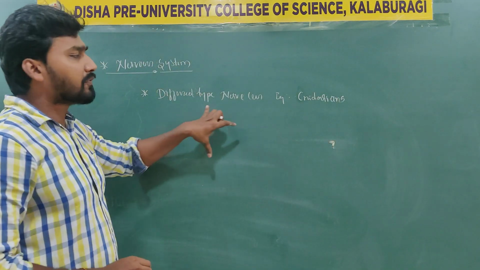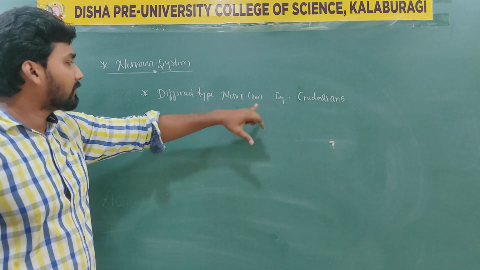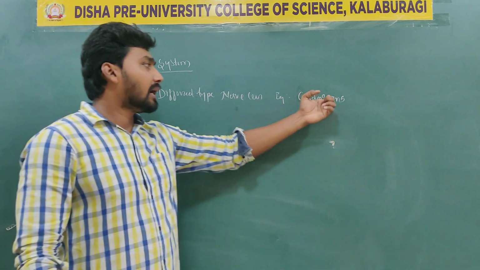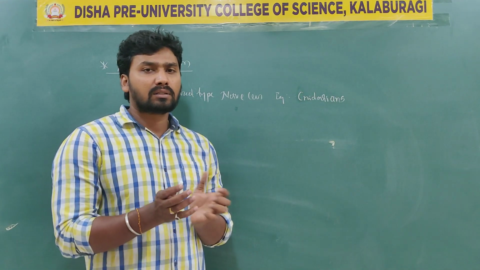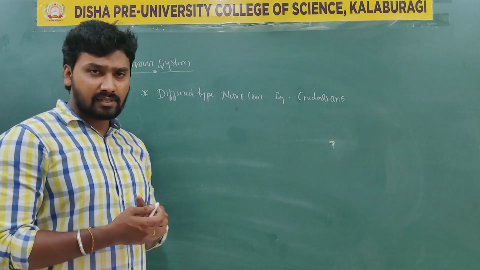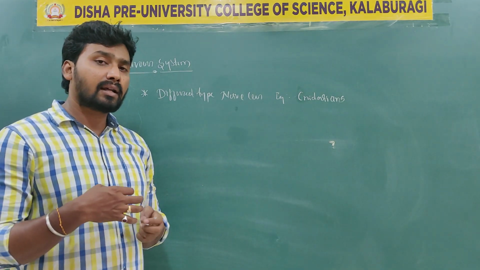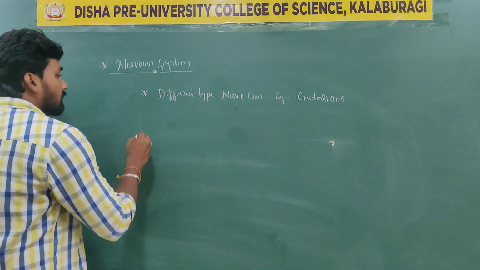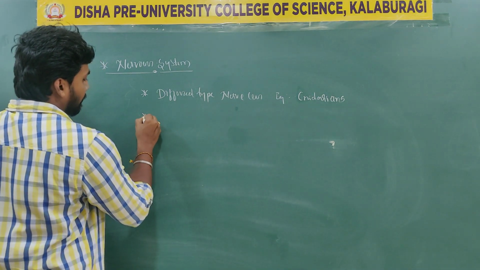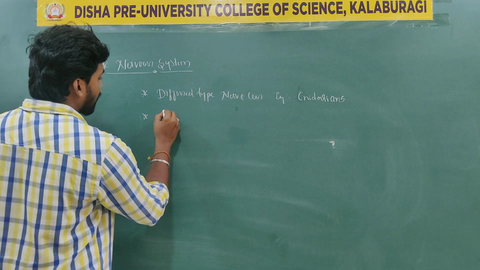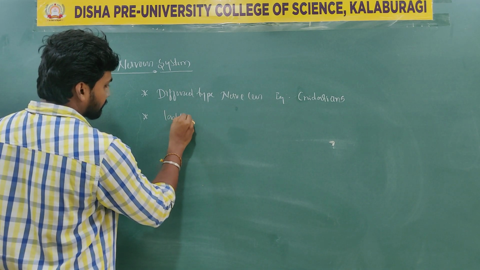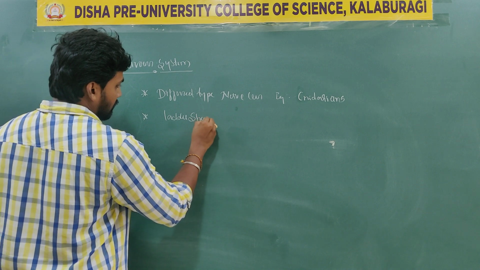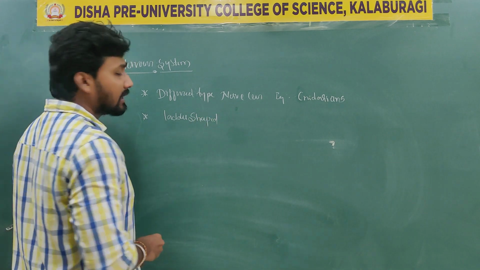They exhibit a diffused nerve net type, where the different nerve cells are arranged in network-like structures, which is seen in Cnidarians. Some organisms have a ladder-shaped nerve net.